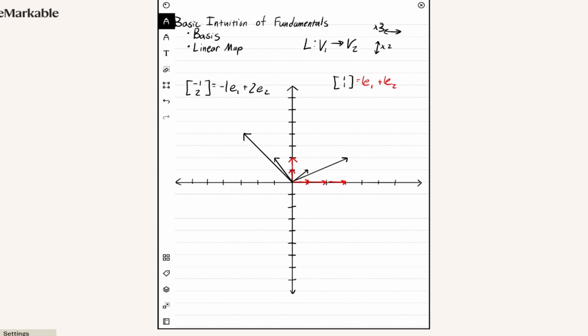So basically, we're saying that this linear map will map the vector 1, 1 to the vector 3, 2. And it maps the vector -1, 2 to the vector -3, 4.